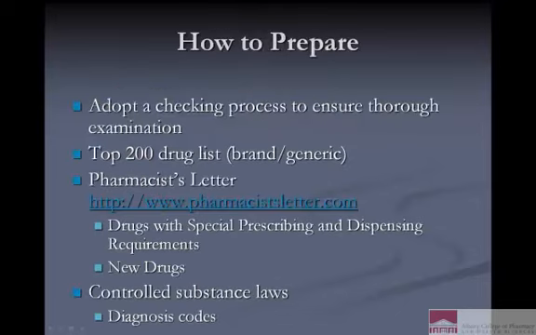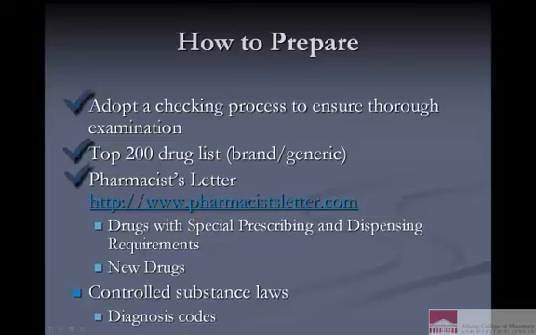To prepare for this portion of the exam, make sure you have a checking process to ensure a thorough examination between prescription, labeling, and dispensing. Be familiar with the top 200 drug list, your brand and generic names, the dosages of medications, and what each medication is used for.